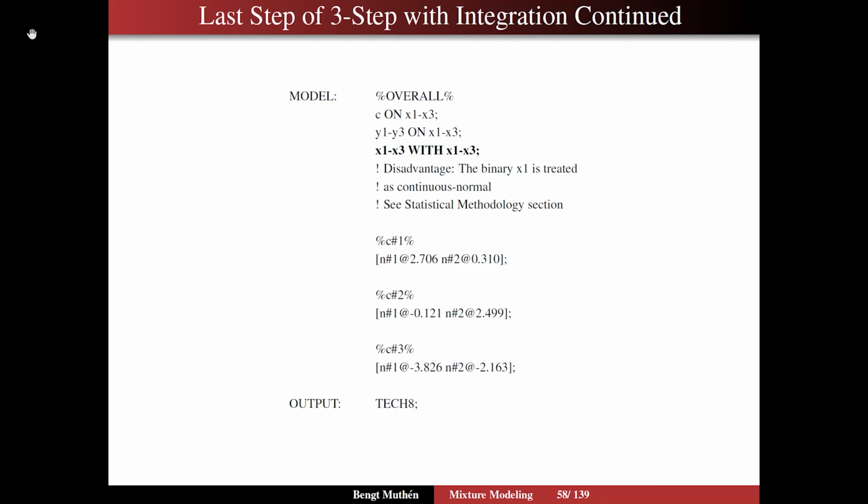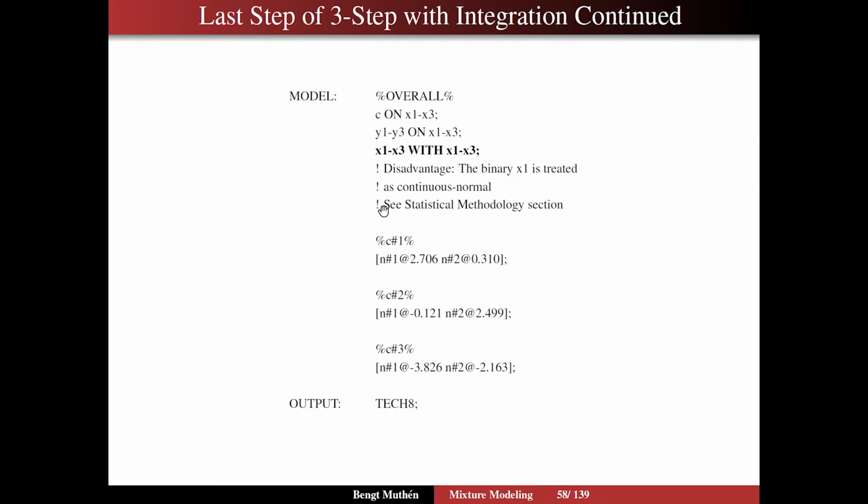The input continues on slide 58, where the key feature is that we covary the x's with each other here, and thereby bring them into the model. The disadvantage of that is that the binary x1 is treated as continuous normal, and we discussed that in detail in the statistical methodology section.